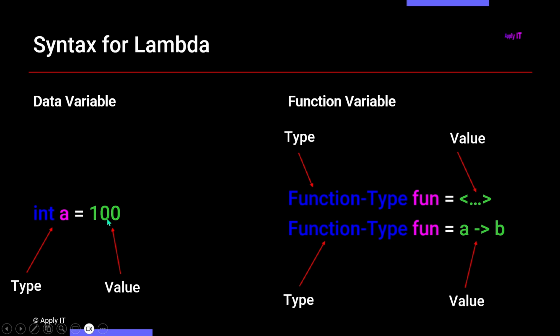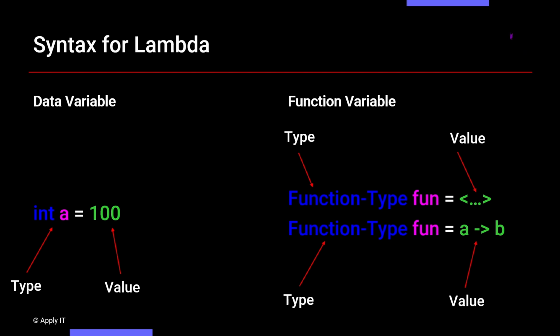Here we do not write that 100 is integer, because we have assigned this 100 to an integer variable, it is understood that the data type of this value is integer. In the same way, when we assign some function as a value to some function variable, the data type of this value is this function type. So in this way, the syntax of Lambda is derived.